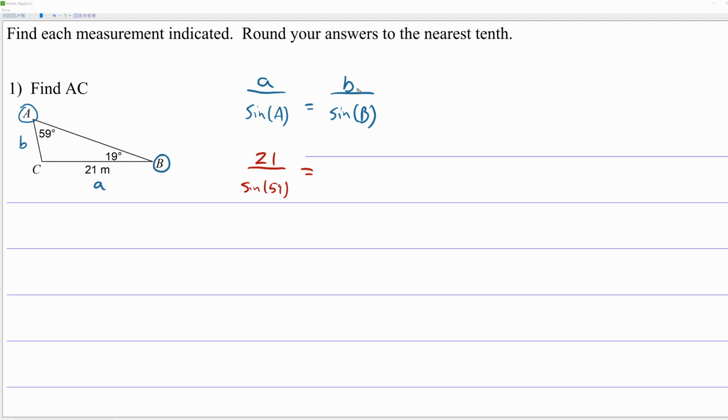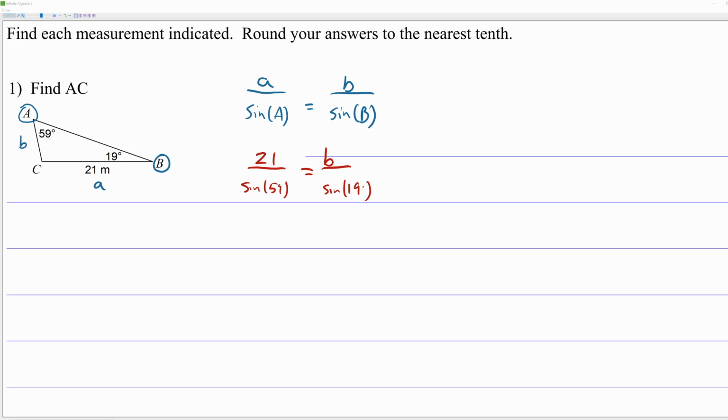That equals lowercase b, that's side B, that's what we're looking for, so we'll just call that b, over the sine of capital B, that's angle B, so over the sine of 19 degrees. So what we have with the law of sines is an equation with four variables, lowercase a, capital A, lowercase b, capital B, and we know 3 out of the 4 variables. Well, that means that we can solve for the unknown fourth variable.